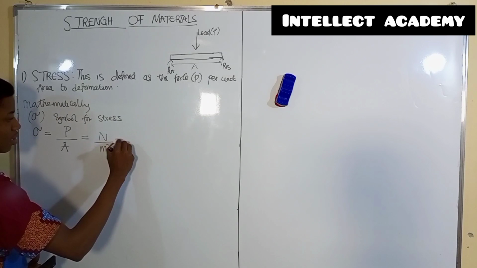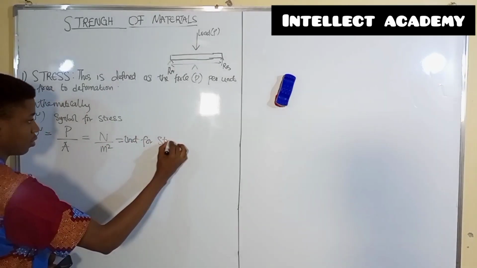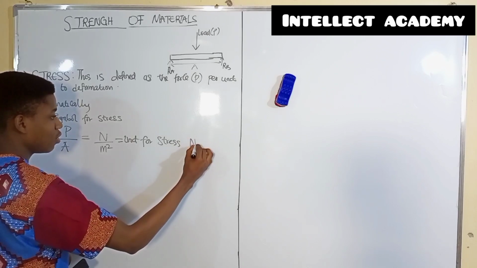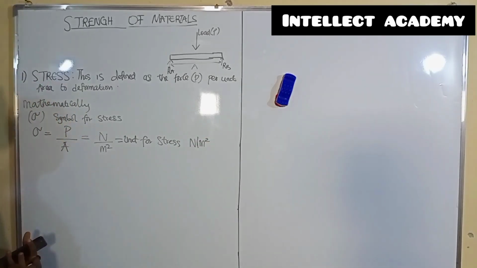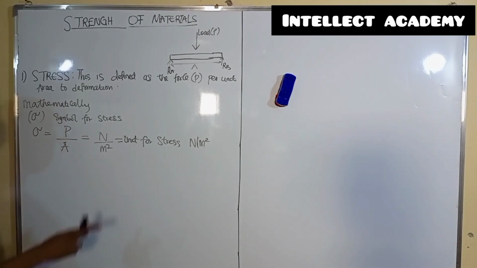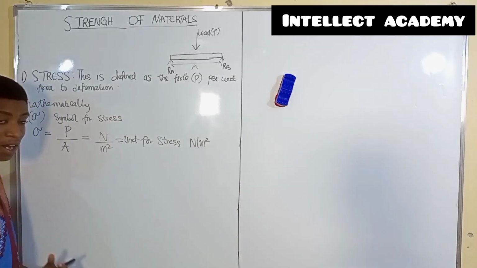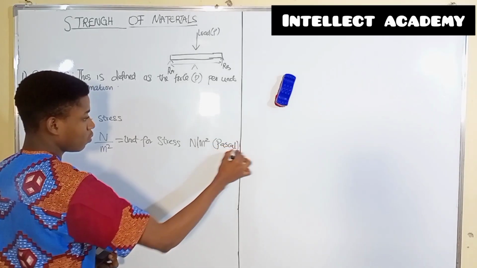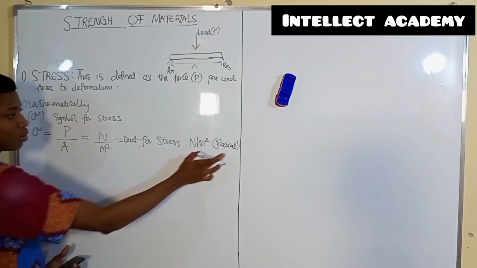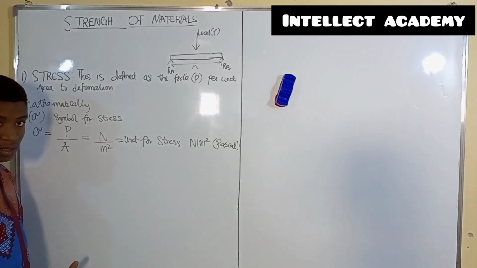So therefore we can say that the unit for stress is Newton per meter square. Now there's something very important you should take note of. Very, very important. Take note that Newton per meter square is the same as what? Pascal. So there's another unit, which is Pascal, you can use to represent stress.